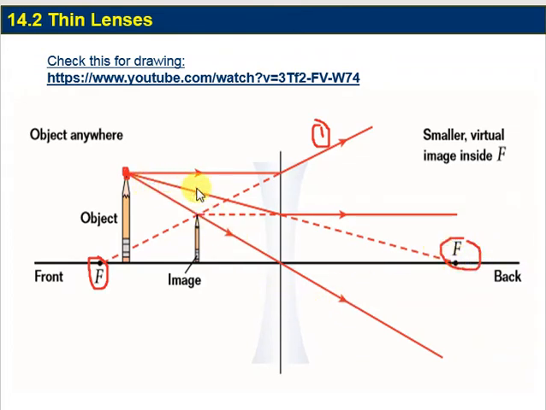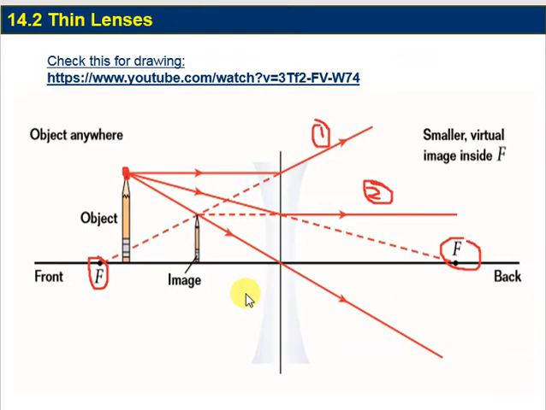So we draw it as if it were going toward this focal point. And as it leaves the lens, it leaves parallel to the principal axis. So it is just the opposite of the first one. First one parallel, it leaves the lens away from F. Second one, it's directed toward F and it leaves the lens parallel to the principal axis.